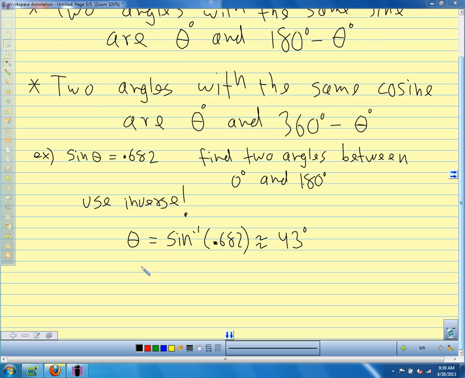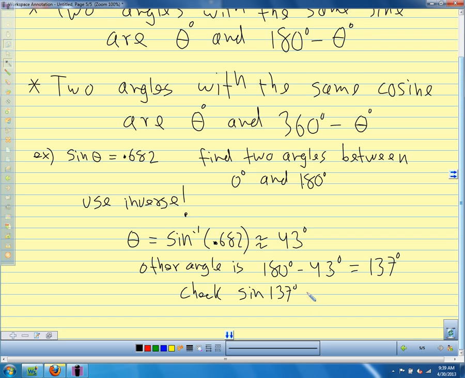The other angle is 180 degrees minus 43 degrees, which is 137. And if I check, the sine of 137 degrees is 0.682.